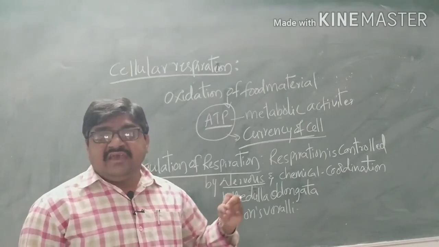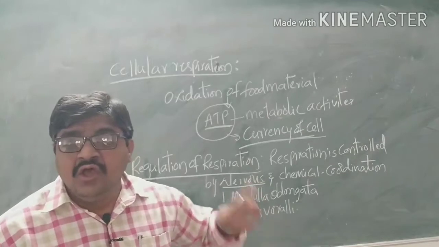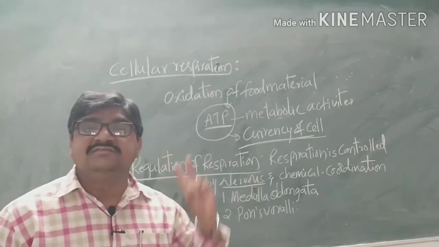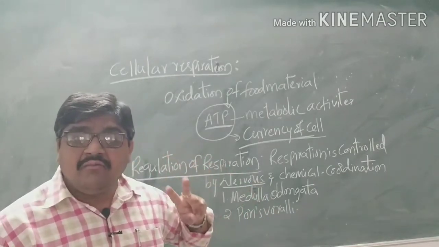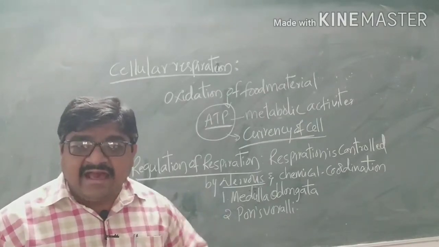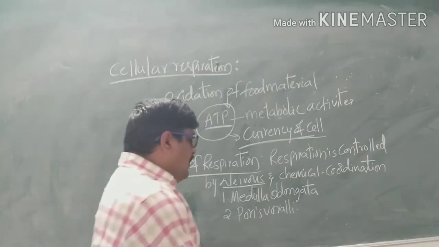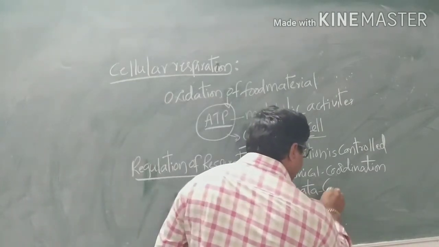The medulla oblongata controls two major functions in our body: respiration as well as the heartbeat.